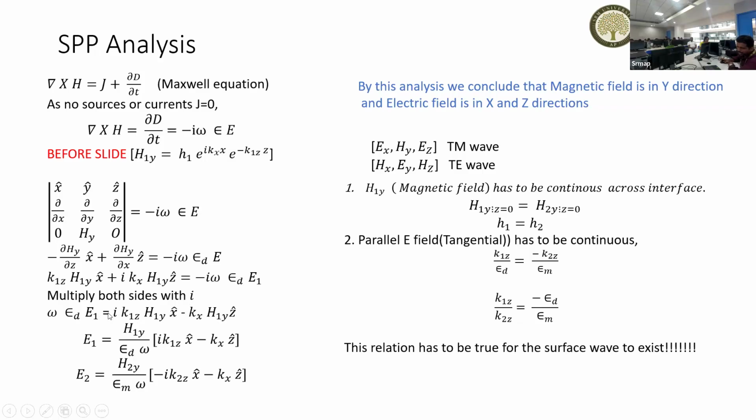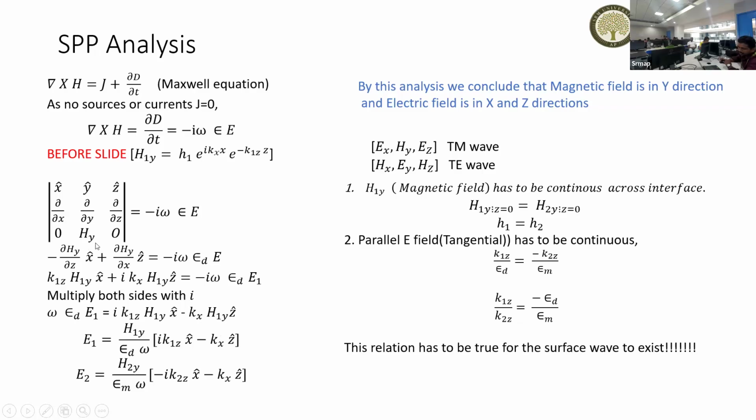Here I request you to note an important feature. We started with the magnetic field in the y direction, but at last we came up with electric fields in the x and z directions.